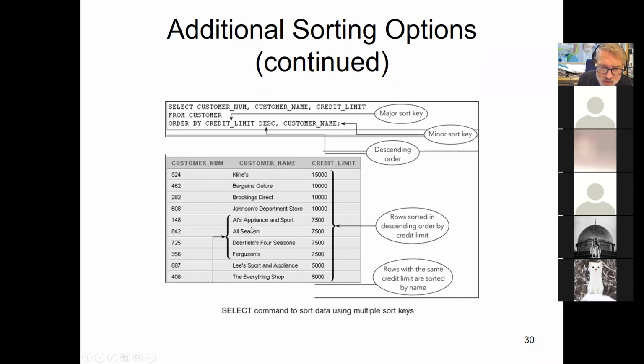And then the next one is the 7,500s. They are within alphabetical order within the 7,500. But notice that Al's Appliance comes after Johnson Department Store, and that's because Johnson Department Store has the 10,000. It's got to happen before Al's Appliance because the credit limit was the major sort.